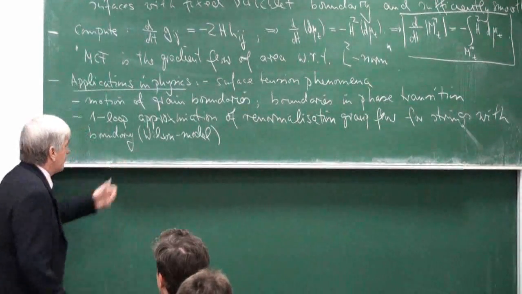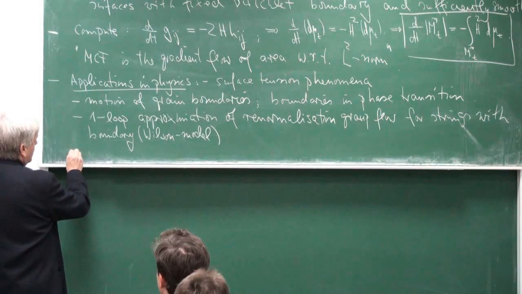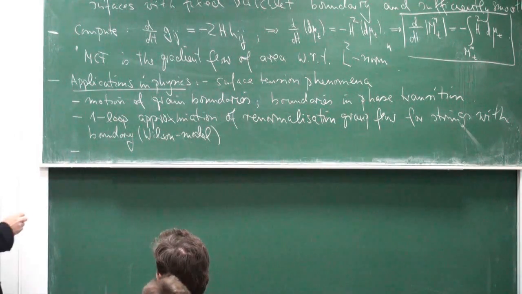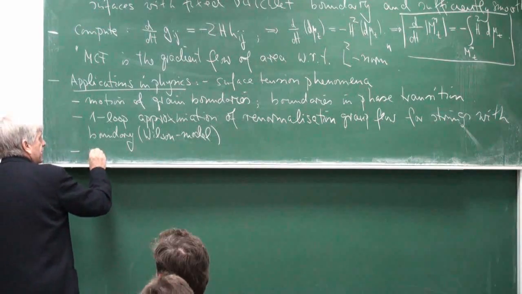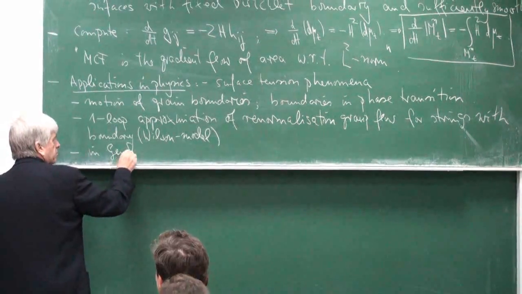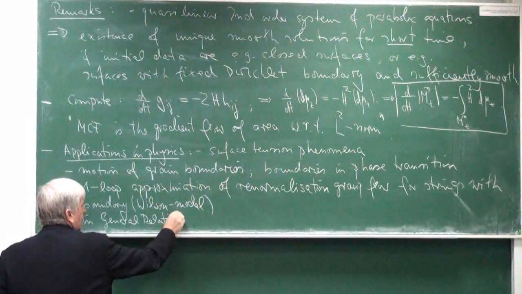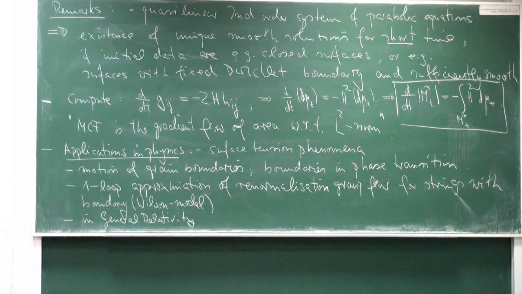And the final thing that comes to mind is mean curvature flow has been used by astrophysicists in general relativity, in particular, they have used it to find the horizon of black holes.